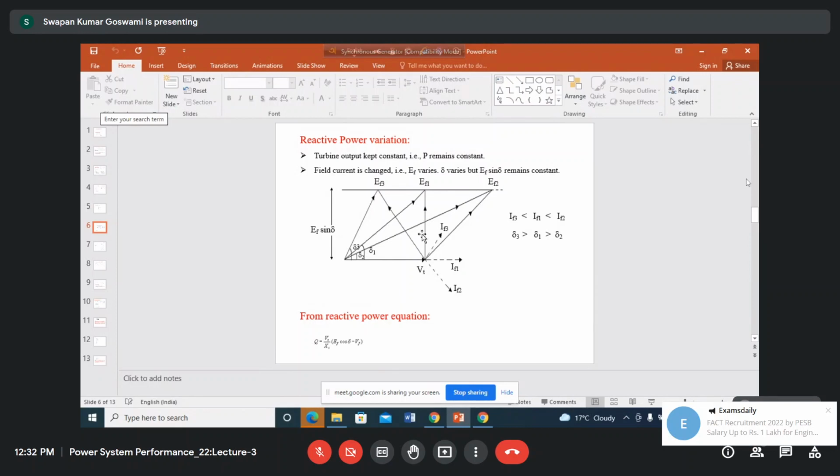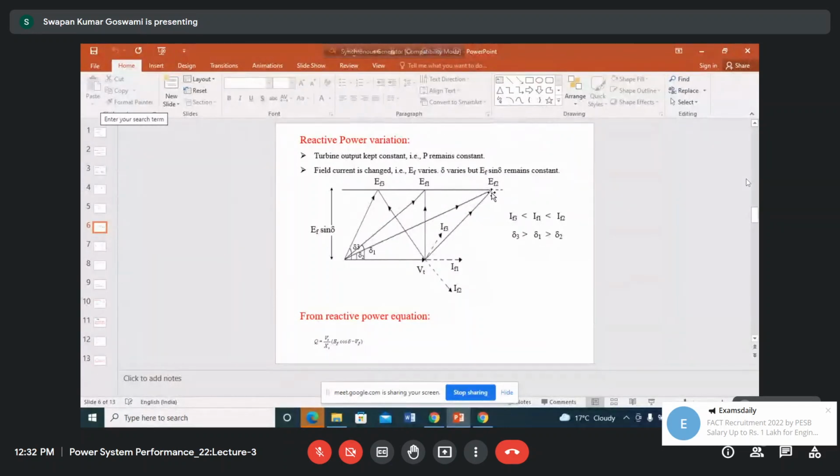This particular operating condition, that is the field current corresponding to this operating condition, is known as the normal excitation condition or normal excitation of the generator. When field current is increased beyond this value, maybe the situation is like this.